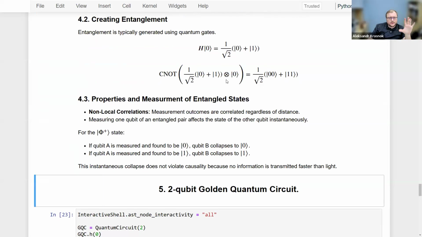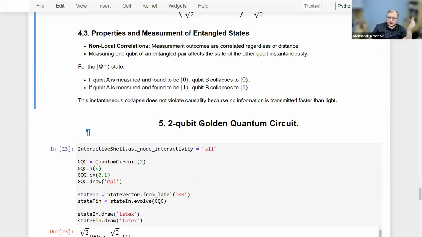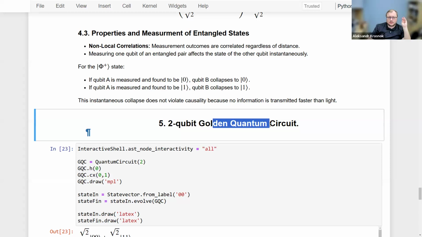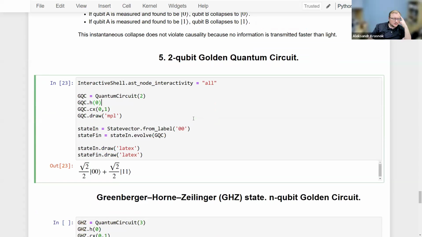Okay, so we create Bell states using a circuit which is called golden two-qubit quantum circuit. Okay. So what is golden two-qubit circuit?